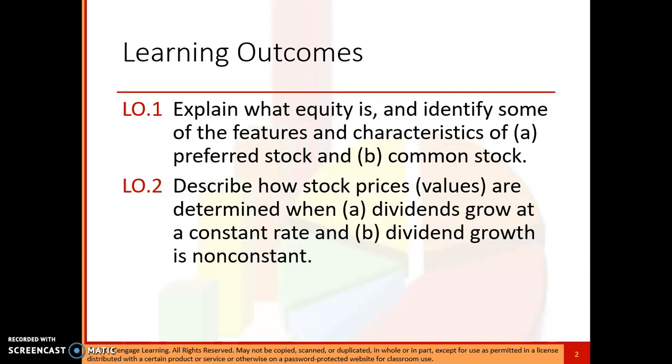Those types of companies might have many different growth rates that you apply. In most of the cases with non-constant growth, we'll have two different growth rates: a higher one typically for a short period of time, and then a constant growth rate for the remainder of the life of the firm.